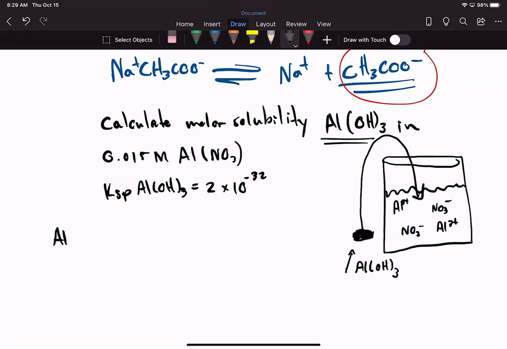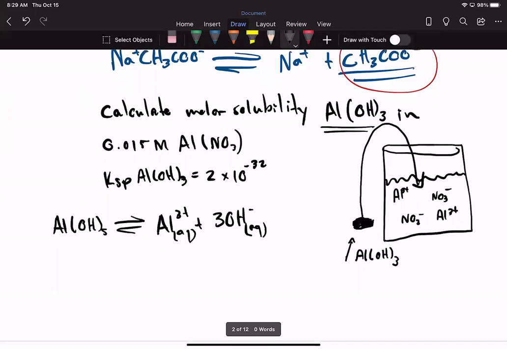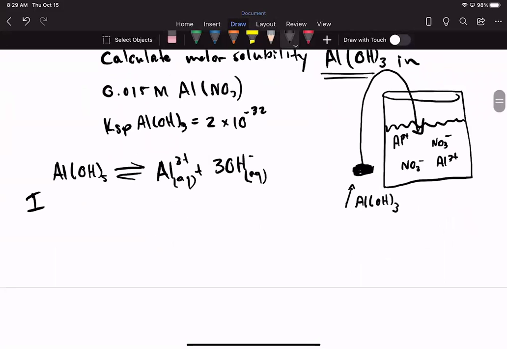So we're talking about aluminum hydroxide, solid, dissolving into aluminum plus some hydroxide, and these are both aqueous. All right, let's come up with an ICE table here. I'm not going to worry about our solid.